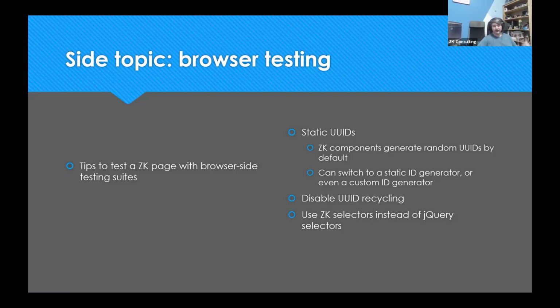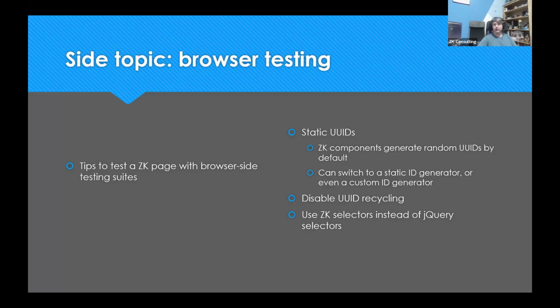So how do you address that? ZK has, I believe, since ZK 8, but don't quote me on that, it's in the documentation page, ZK has a static ID generator. So if you're going to try and select by ID, just go to the ZK documentation, find the static ID generator, put that in your zk.xml, and now all of your ZK pages, as long as you do not change the page structure, are going to be generated with the same UUIDs.